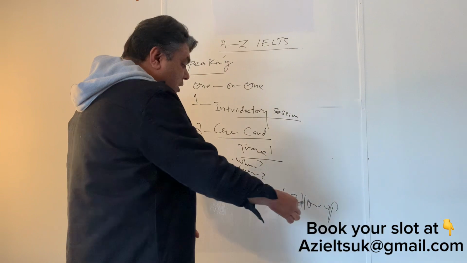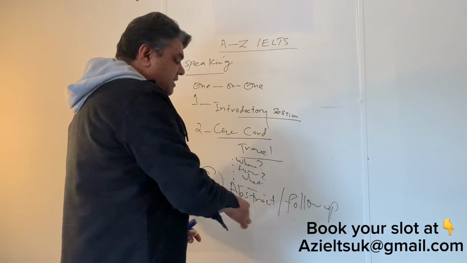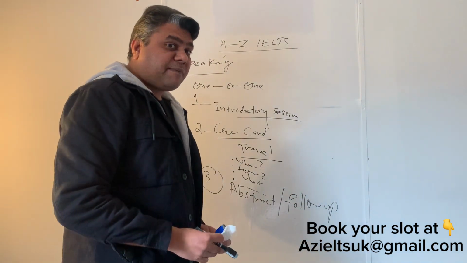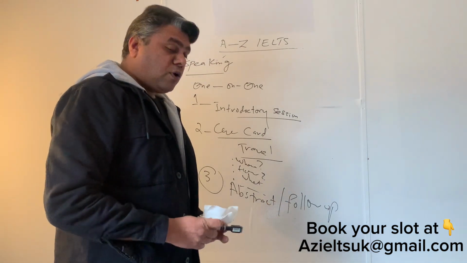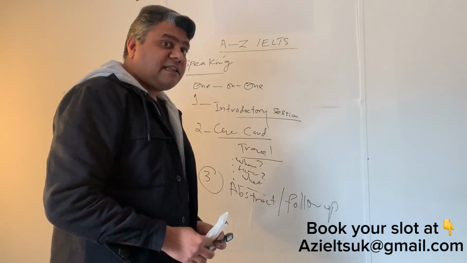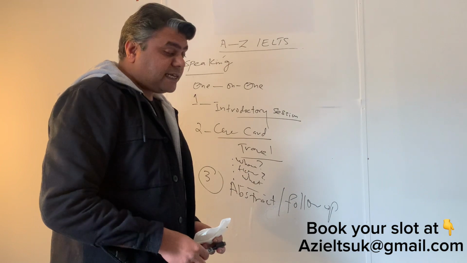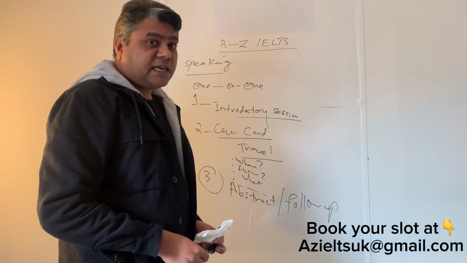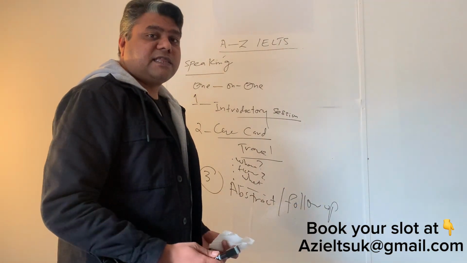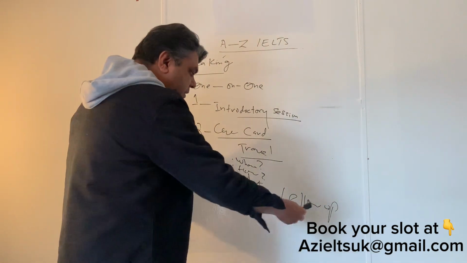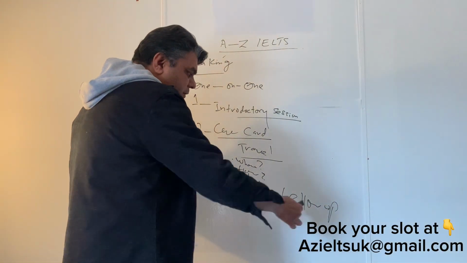Why? Because the questions asked in this session are more abstract. Abstract means more in-depth, logical, critical, needing explanation, logic, reasoning, and you need to explore more about the things. So you need to be more prepared for this session.